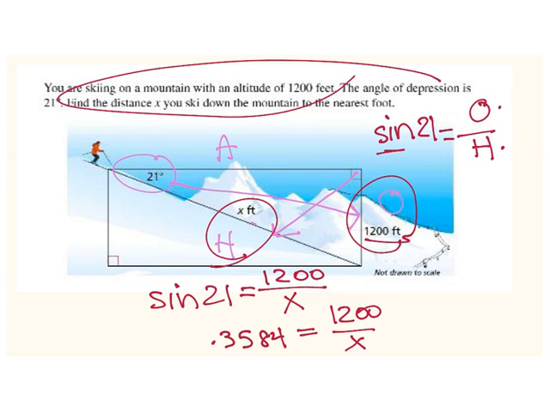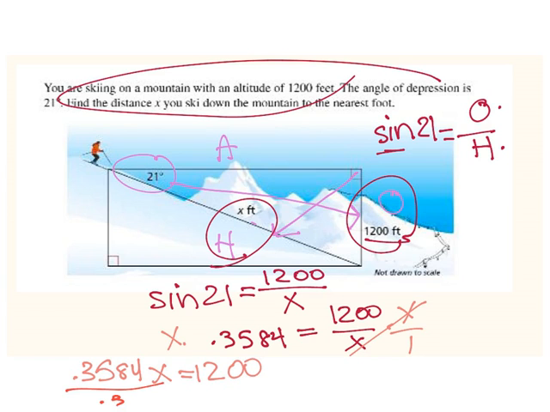So x is on the bottom, so that means we have to multiply by our x, right? So that means we've got that whole big old long decimal times x equals 1,200. And then how do I get my x by itself? Well, I'm going to divide by our big old long decimal, right? So then x equals 1,200.